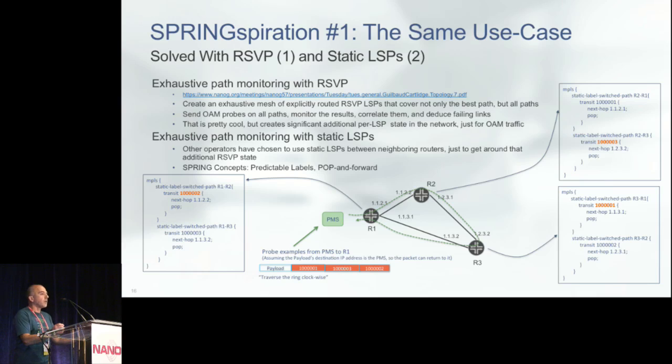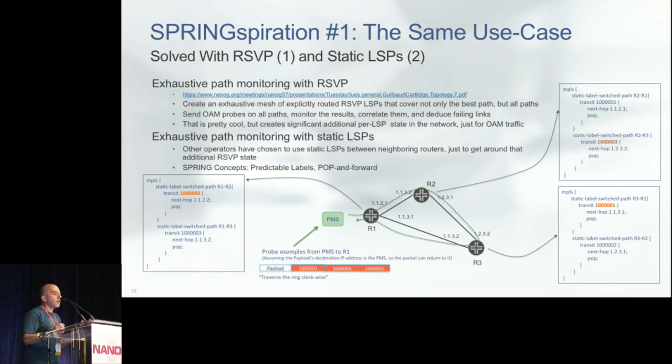If you were to craft a packet like this one at the bottom and inject that packet into R1, R1 is going to act on this top label of 1,000,002. And that top label, based on the configuration there, says pop the label, and then send that packet to the next hop of 1112, which happens to be router 2.